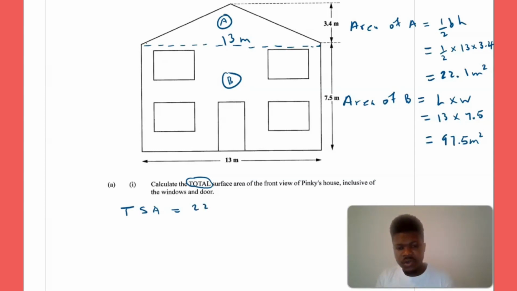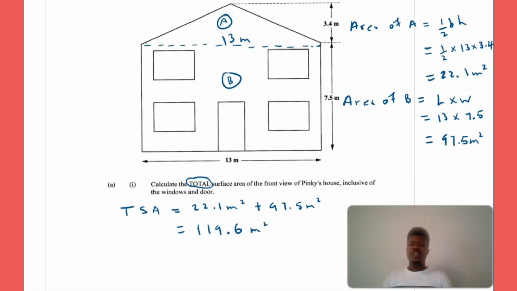So that's 22.1 meters squared plus 97.5 meters squared. So let's add those. 119.6 meters squared. So that's the total surface area inclusive of the windows and doors.